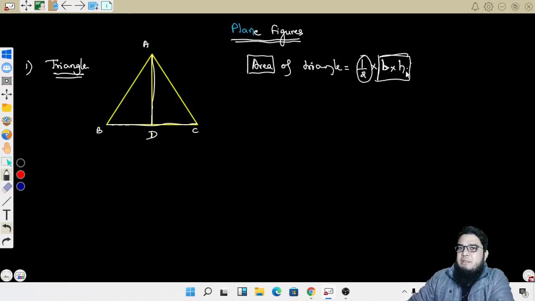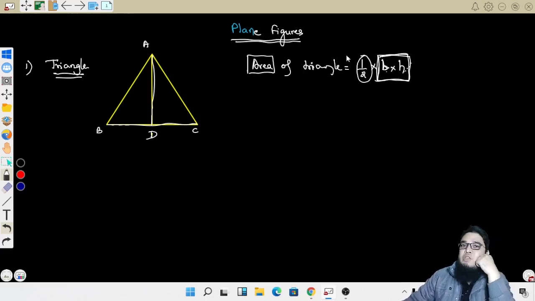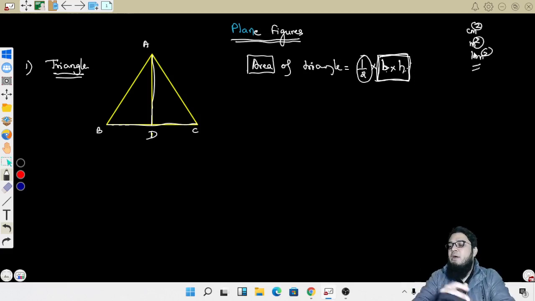So area will come when you multiply two dimensions, or you can say two sides. That's why in area you get units like centimeter square, meter square, kilometer square. Getting my point? Why is this square there? Because you are going to multiply two sides to calculate the area. So whenever the area has to be calculated, there will always be a product of two dimensions. This concept you have to keep in mind.